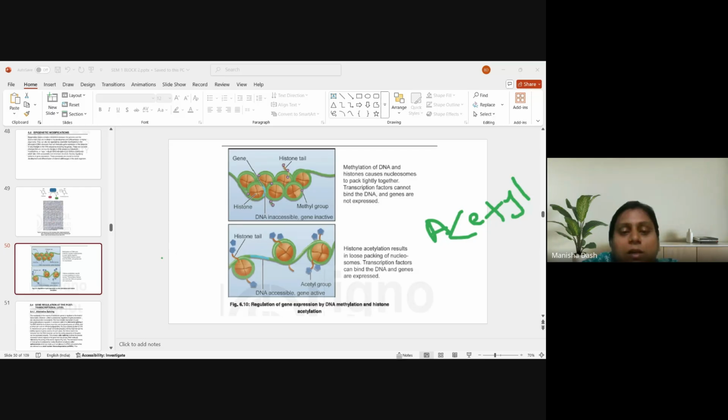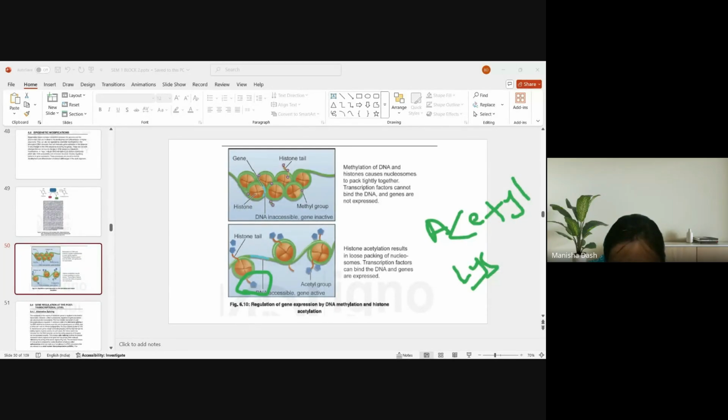Okay. So as the DNA is methylated, the histone is acetylated. So there are histone chains, where the histone tails are there, where an acetyl group is added. Already the histone has positively charged amino acids like lysine and arginine.